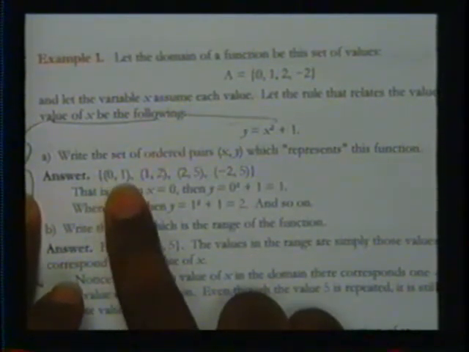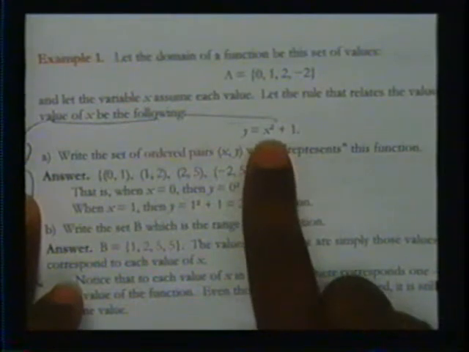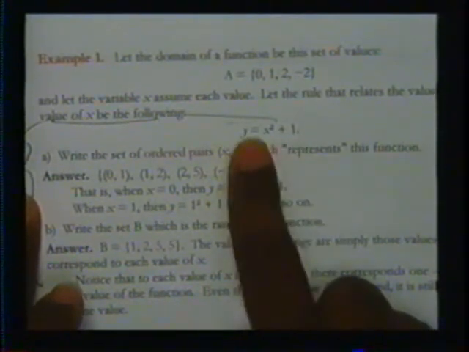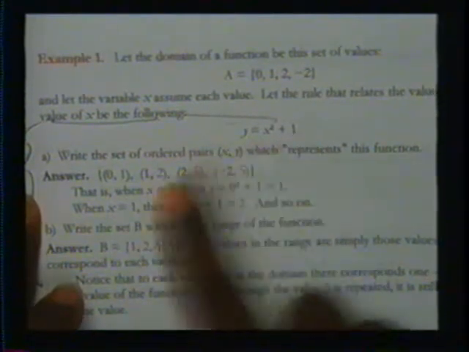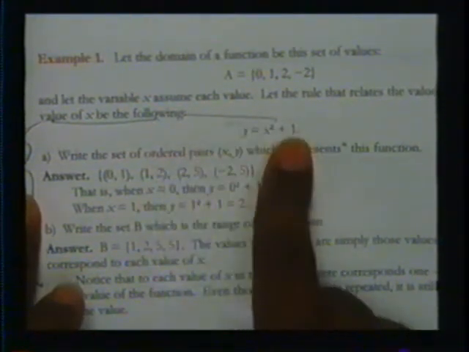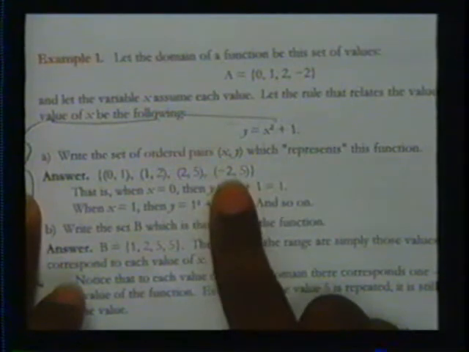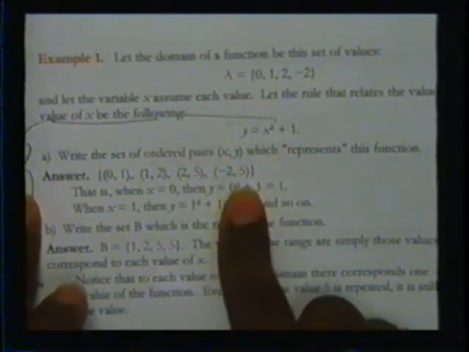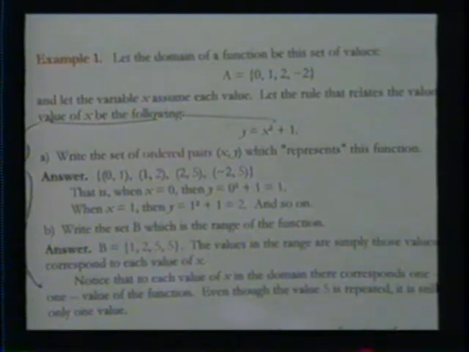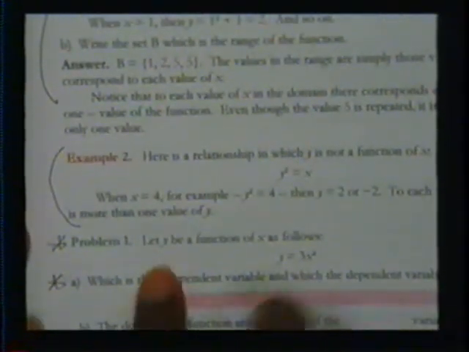Our dependent variable in this case, when we plug 0 in, we get 0 plus 1, so y is equal to 1. Plug 1 in, we get 2. You plug 2 in, you get 5. You plug negative 2 in, you get 5 again. Everybody understand that? Yes. Very good.